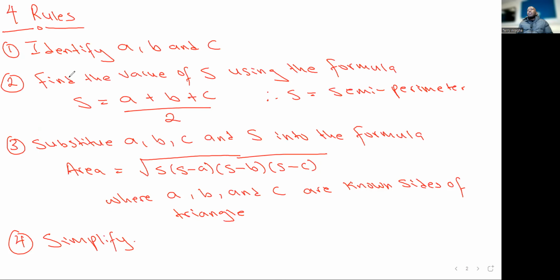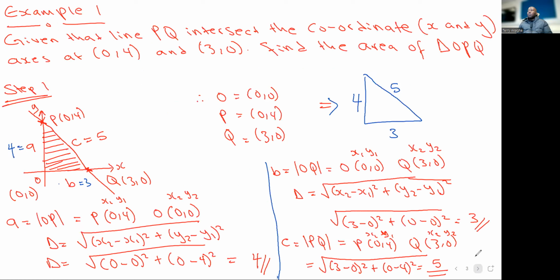The next thing is step 2: we have to find the value for the semi-perimeter. The semi-perimeter is A plus B plus C divided by 2.